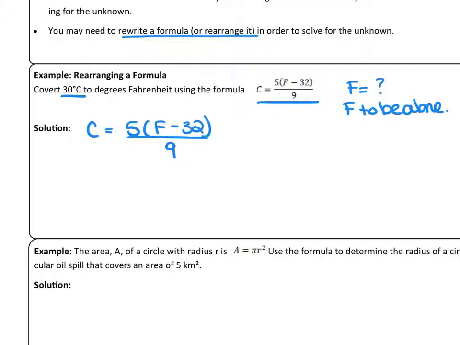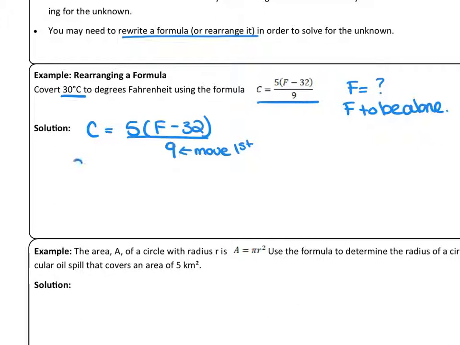I always deal with the multiplication and division first if I can. The first thing I want to do is move that 9. It is dividing on this side. When you move it over to the other side, it does the opposite. So if it's dividing on the one side, it's going to multiply on the other side. Let's do that first.